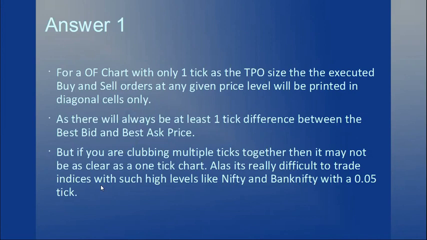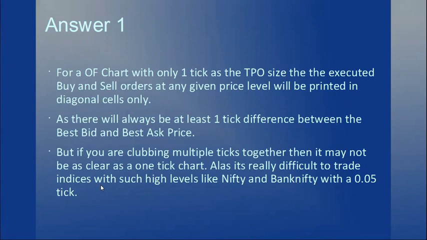then at any given point in time, if a buy and sell order is getting executed, it will be printed in diagonal cells only. Once we see the illustration, you will understand better, but the reason is there will always be a one tick difference between the best bid and best ask price. That is the minimum difference that can be there.